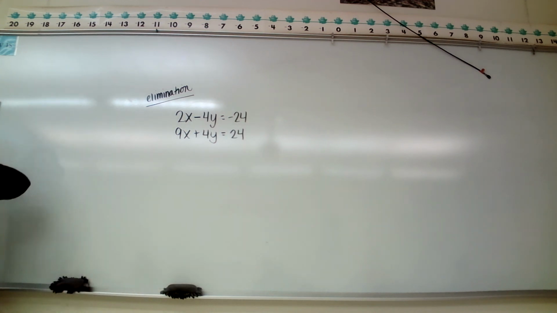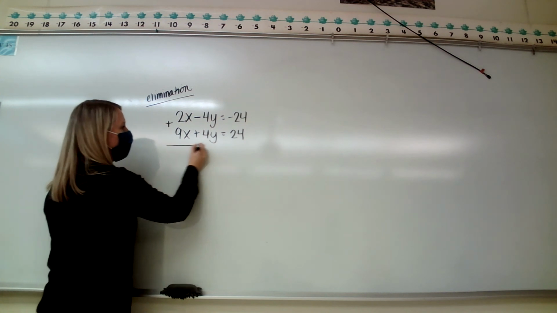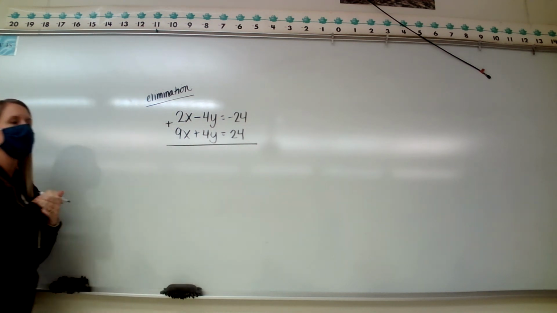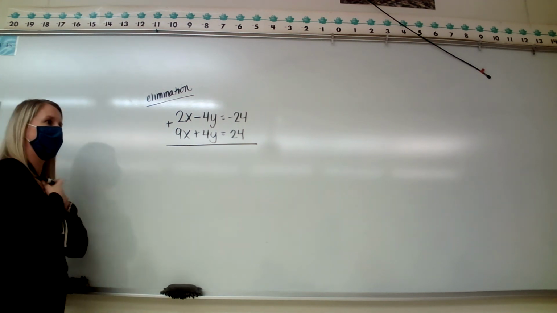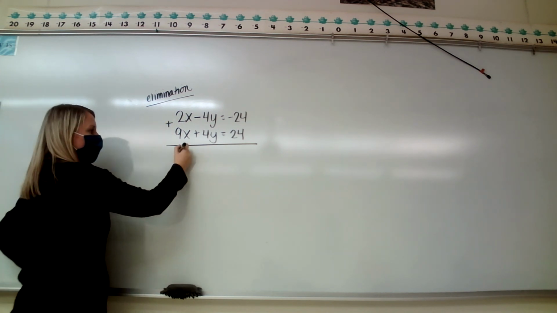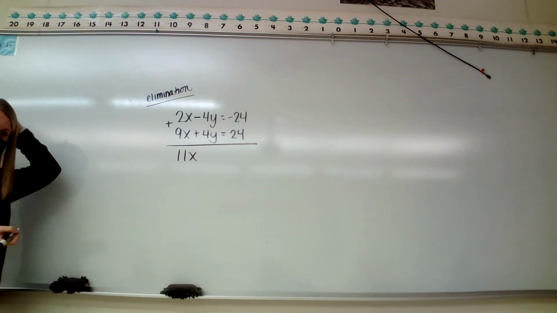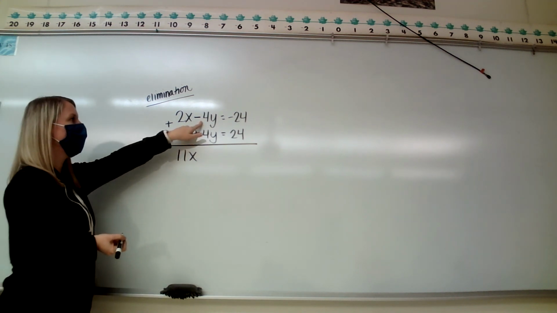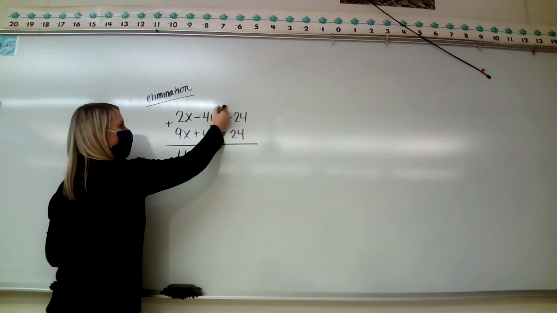What we want to do is add these two equations together, and in the process, eliminate something. So this one's going to be magical. It's not always going to be like this, but I'll show you this one. 2x plus 9x is 11x. That's easy, I'm really just combining like terms. Negative 4y plus 4y is 0y, so we say that eliminates.